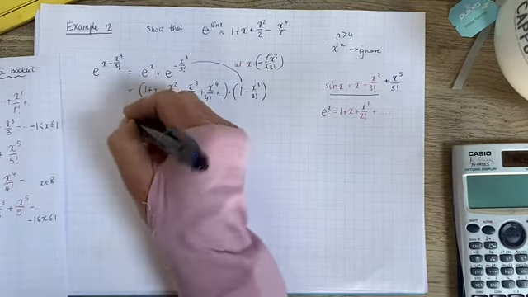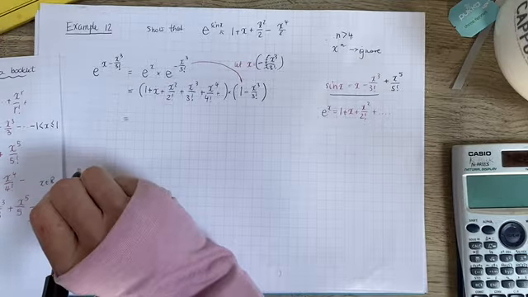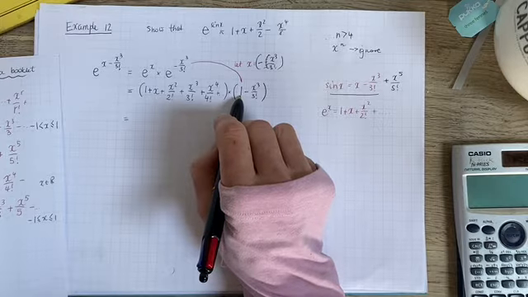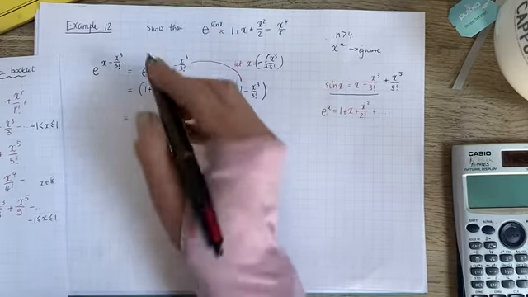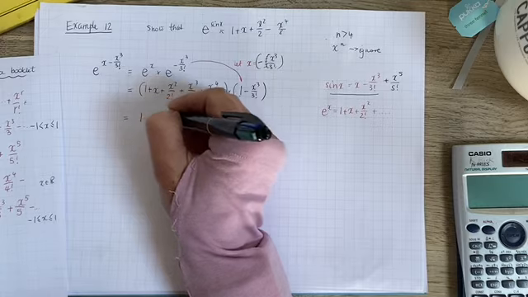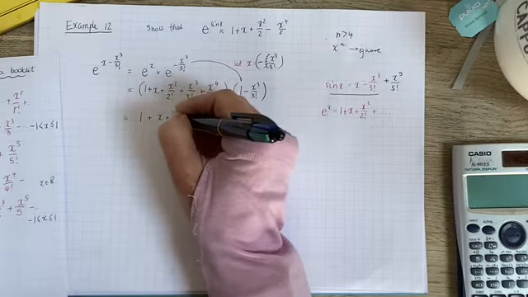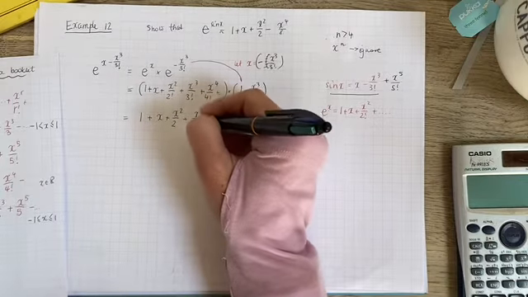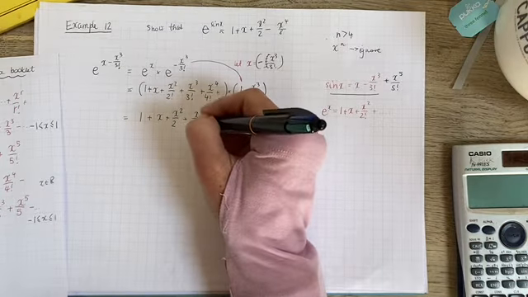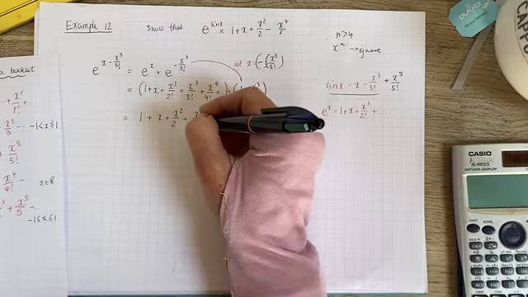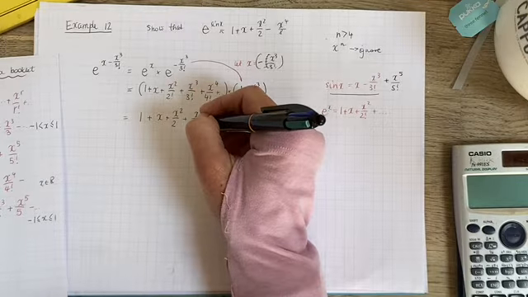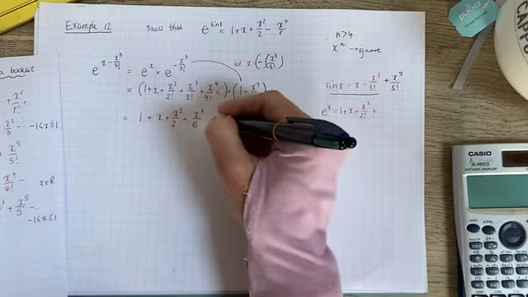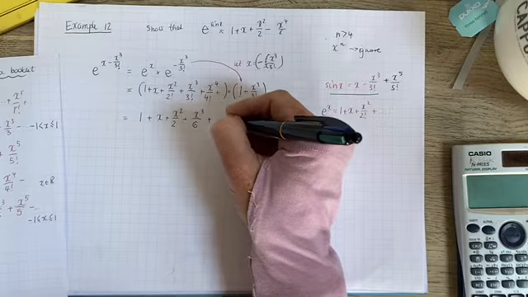Okay, so we just need to tidy up this expansion. We only need to write up to the power of 4. So I'm going to multiply it by 1, which is the same. I'll write factorials as well. This one is going to go to 1 times 2 times 3, that's 6, and then times 4 is going to be 24.